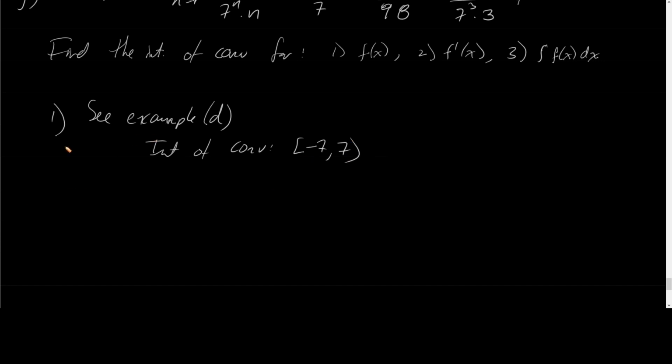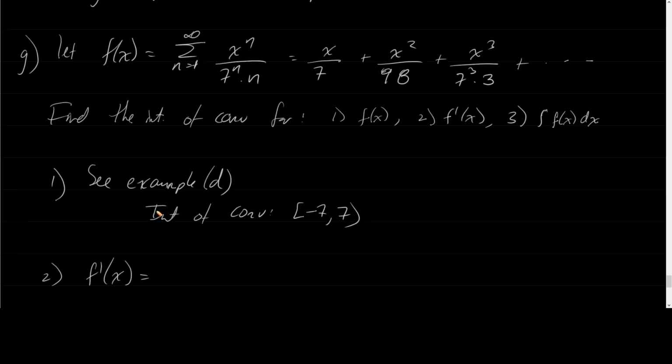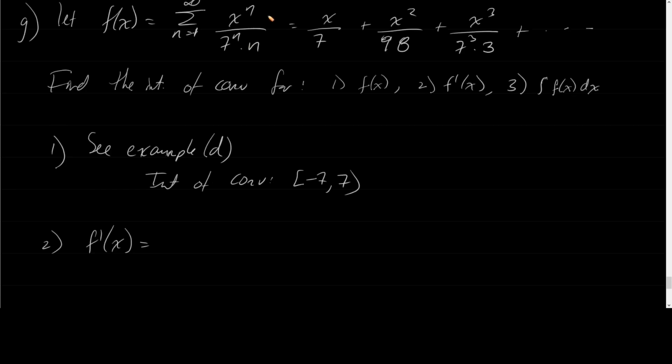Now, that's for the first one. For the second one, we're going to figure out f prime of x. So what is f prime of x? F prime of x would be the derivative of this thing with respect to x. Well, that would be the series from n equals 1 to infinity. And again, since we didn't have any constant terms, I'm not losing anything here on the index.